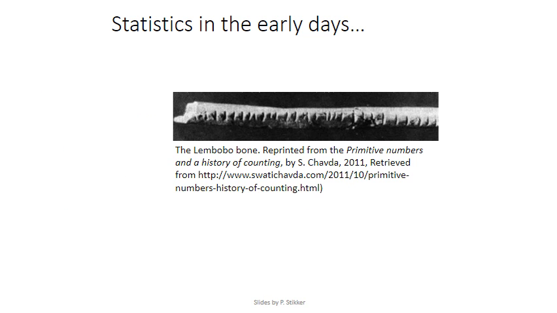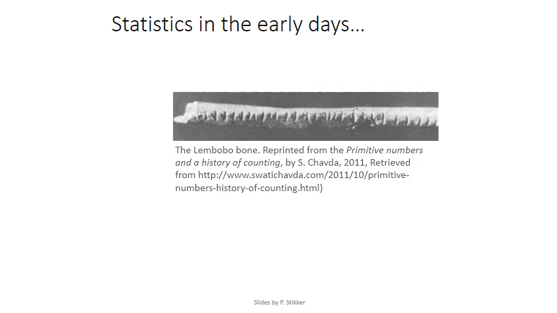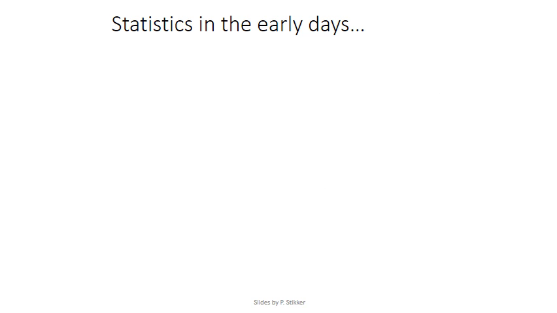One question people always have had is how many? If you look, for example, at the Lebombo bone, which is dated roughly 37,000 years ago, you see that somebody was probably counting something. Later, when states came into place, the state often also wanted to know how many.